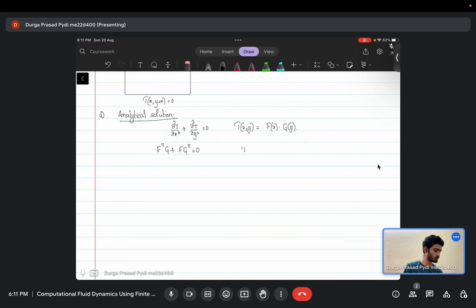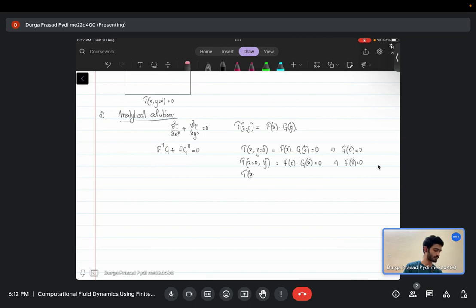The boundary condition T of x comma y equal to 0 gives f of x times g of 0 equals 0. To avoid the triviality where f of x equal to 0, our boundary condition on g is g of 0 equals 0. Similarly, at x equal to 0, you have f of 0 times g of y, that's essentially 0. Again, to avoid the triviality, you should have f of 0 equal to 0.